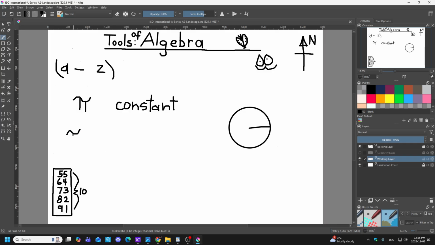Pi, and I'm going to say approximately equal to 3.14159. And it goes on for what seems like forever.